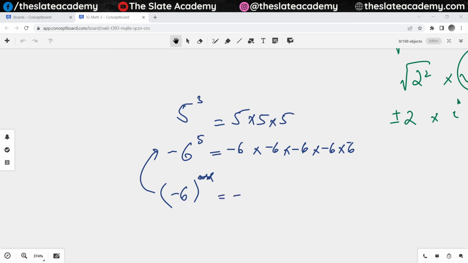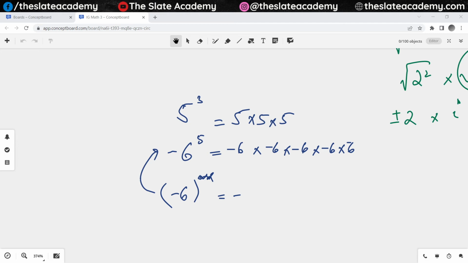So this is something that you can run as a sense check when you're solving the question. For example, if on your calculator you put in minus 6 cubed and the answer is coming out as positive, you'd automatically know you've made a mistake somewhere, because a negative number cubed or raised to the power 5 or 7 should give you a negative answer because it's multiplying an odd number of times.